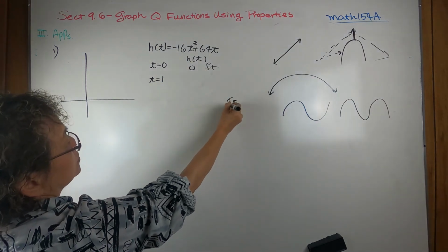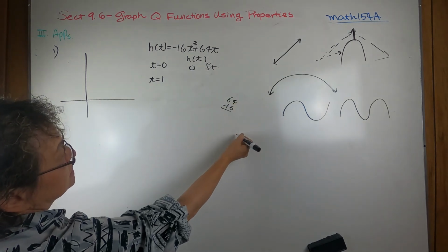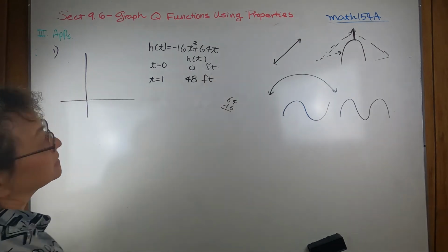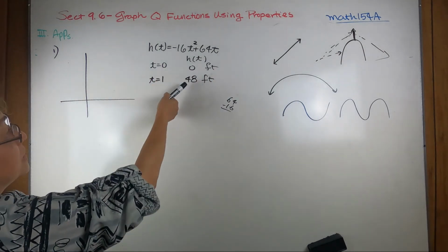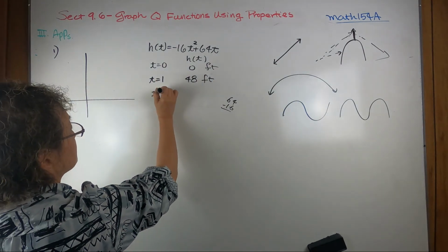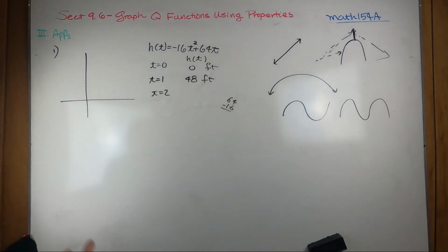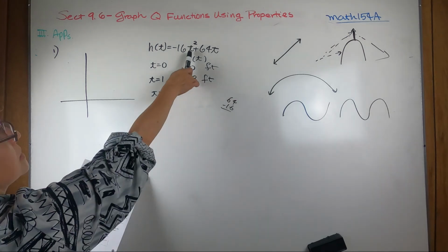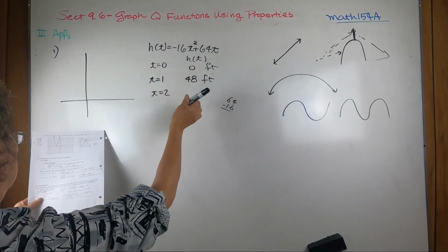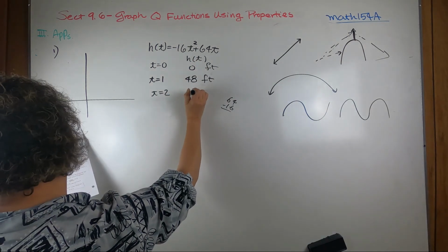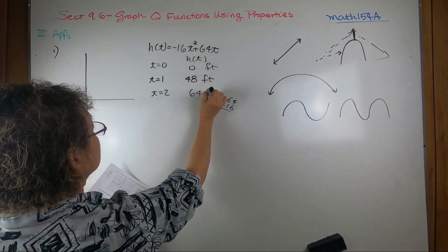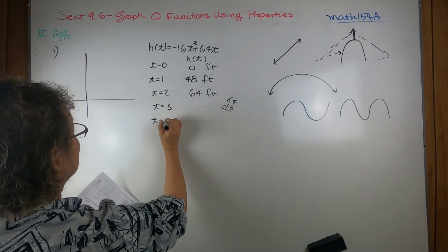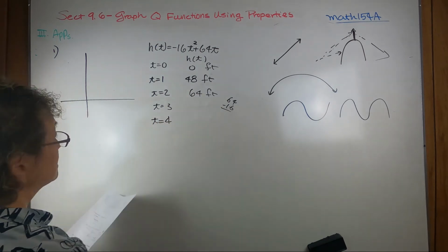So 64 minus 16 would be 48 feet. Right? So during the next second, you plug in 2. That would be what? 2 squared and put in, that would be 64 feet. Right? That's what it means. Then you put in 3, 4, things like that.